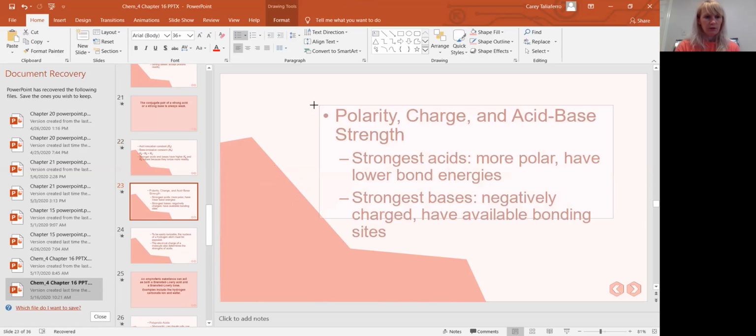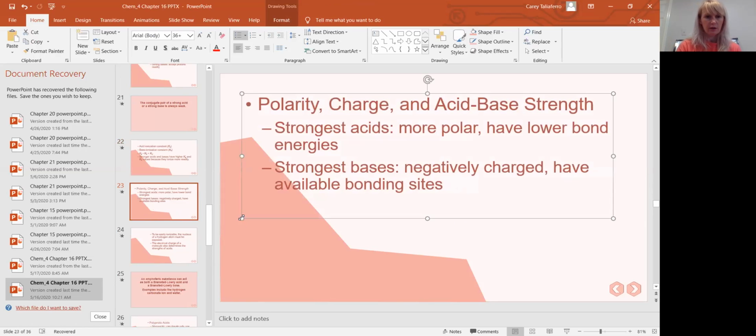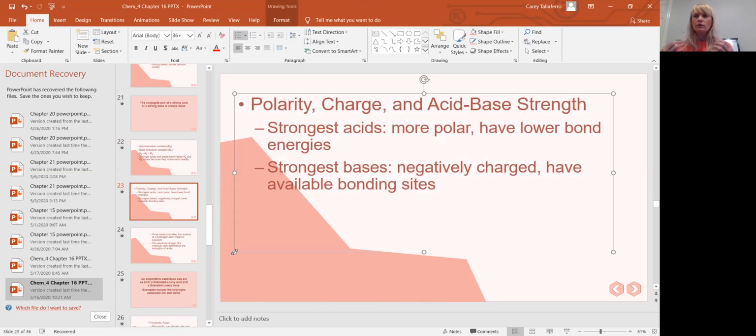Last word as we talk about polarity here. Remember polarity? It was how strongly an atom pulled electrons toward it. Okay, do you remember that conversation? So if you had certain compounds like water, oxygen is electronegative. Do you remember this?